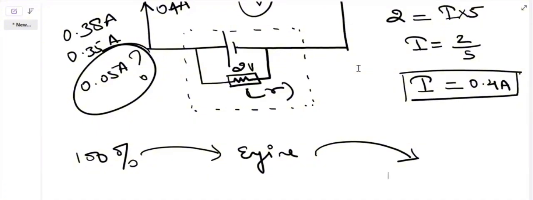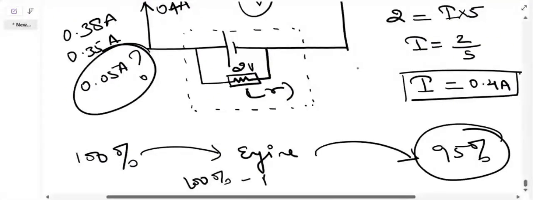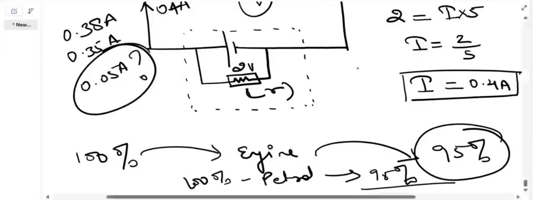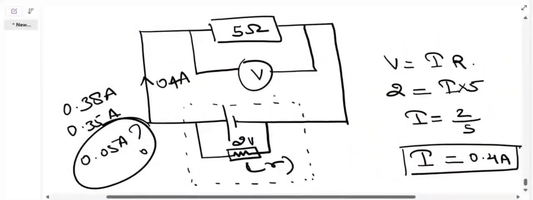Hence you will get an efficiency of 95%. Not 100% of the petrol is used to drive the car; some of it is used by the engine. So you will get only 95% efficiency. There is no engine in the universe that can give you 100% efficiency.